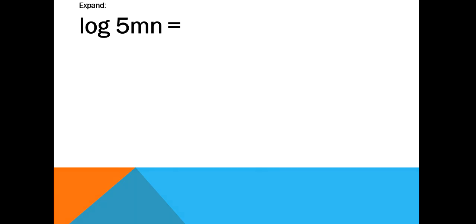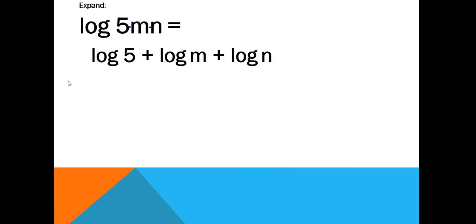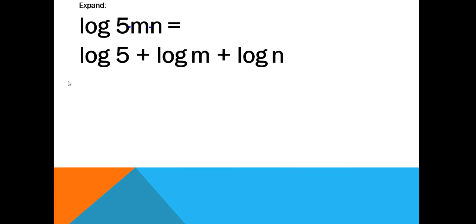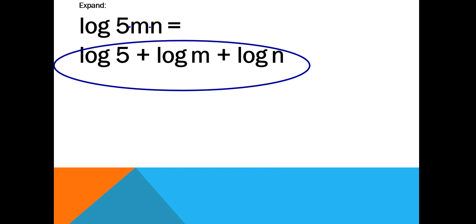Now, we actually have all of this being multiplied. So to separate it, the base is base 10, it's the common log, we don't write it. But we're actually going to separate it all out with multiplication. And this is what you get, log 5 plus log m plus log n. And that's expanded.